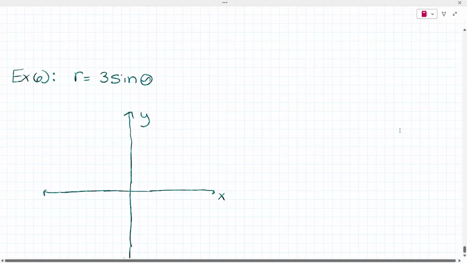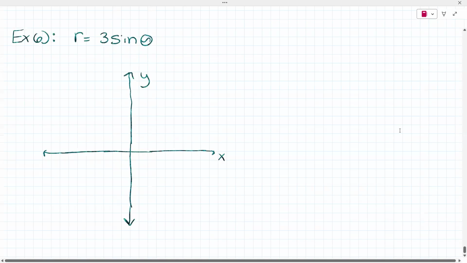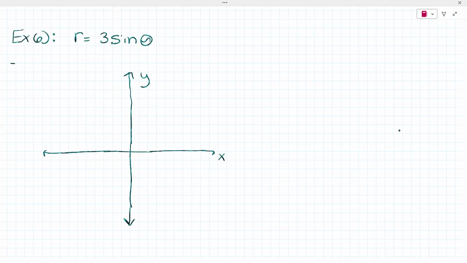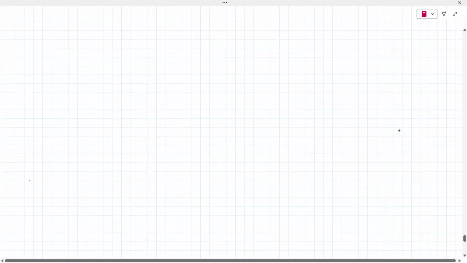So r equals 3 times sine theta. So the length is 3. And then our n is 1. So it's just 1 petal. Wait, so do you understand this will be on the y-axis, and the previous one, why is the previous one on the x-axis?